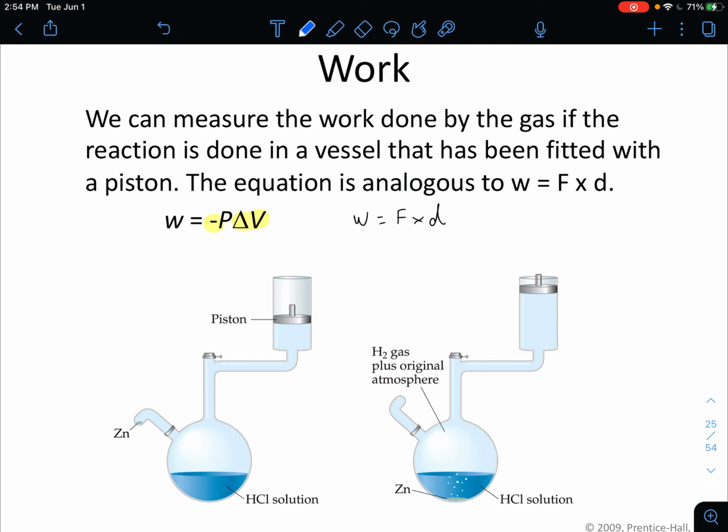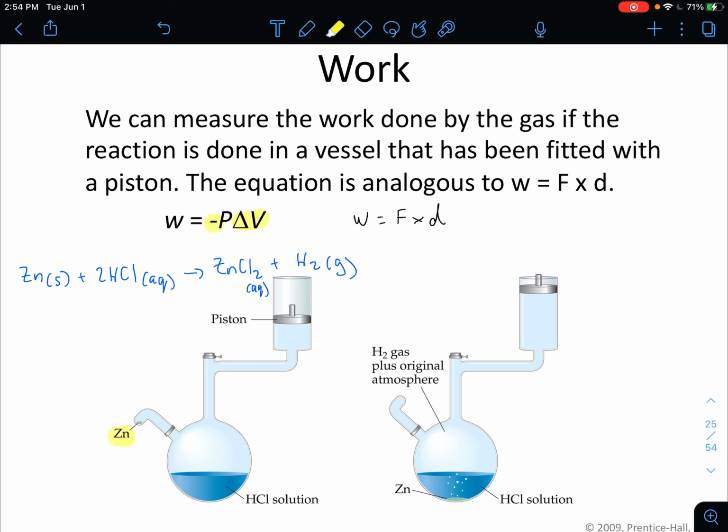This particular picture is describing a reaction: zinc metal plus 2 HCl (aq, meaning dissolved in water) makes zinc chloride plus hydrogen gas. And zinc chloride also dissolves in water.